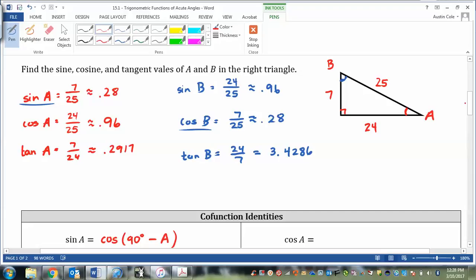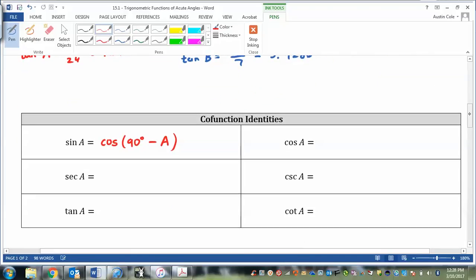Well, cosine of 90 minus A would give us whatever that angle is, B. So cosine B is the same thing. So sine A is equal to cosine of 90 minus A. And cosine of A is going to equal the sine of 90 minus A.